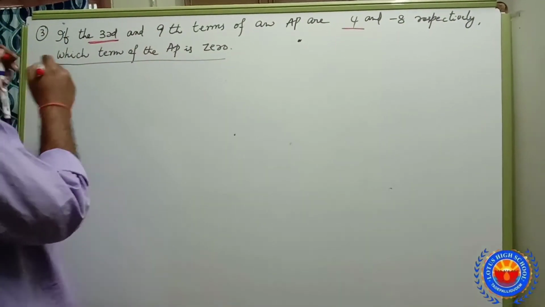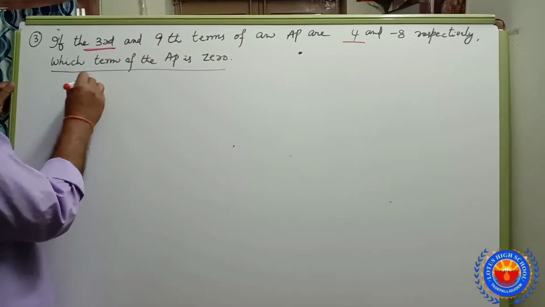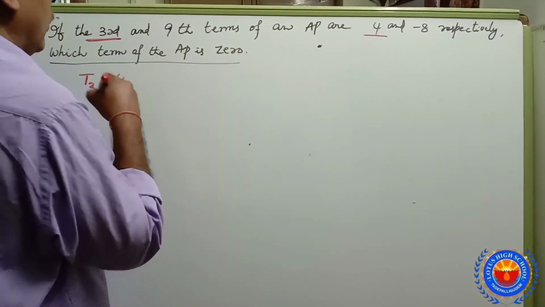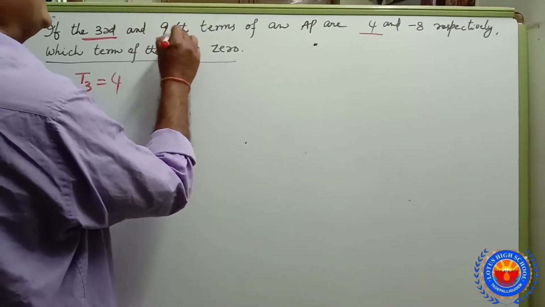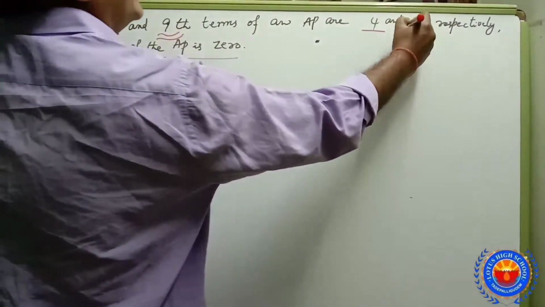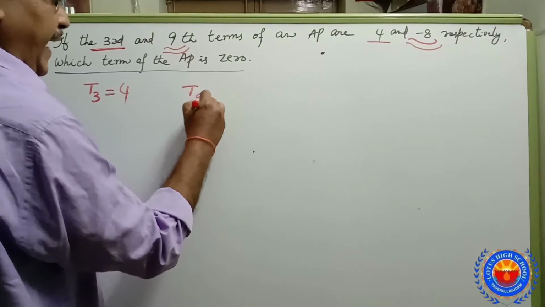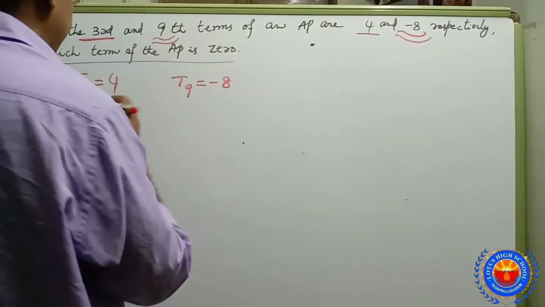So first I can write T3 is equal to 4, and T9 is equal to minus 8.